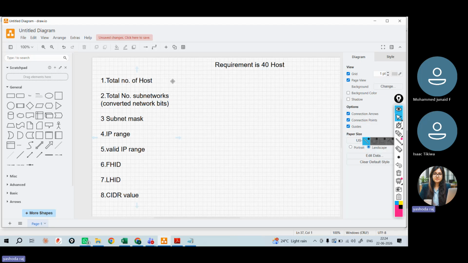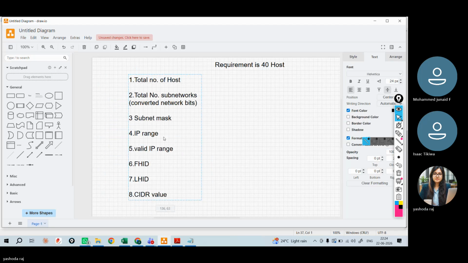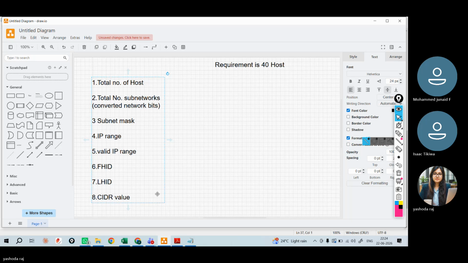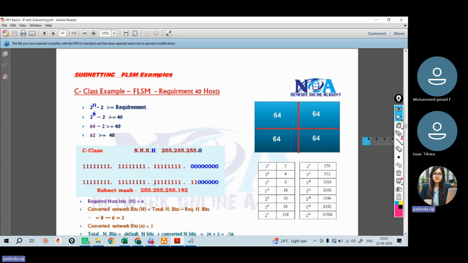So first I should understand the total number of hosts. How to calculate? 2 power h minus 2, which is equal to what value? Look into this chart.